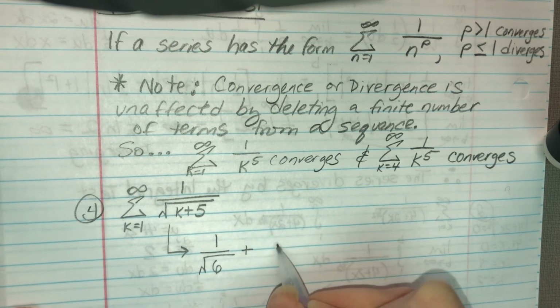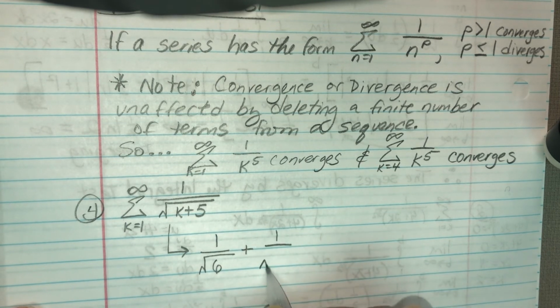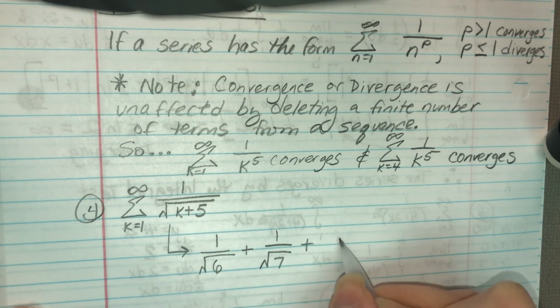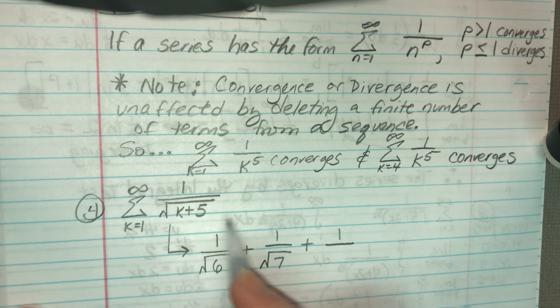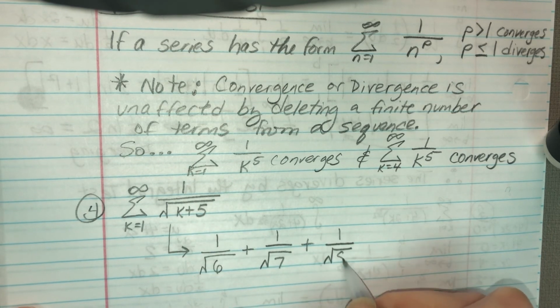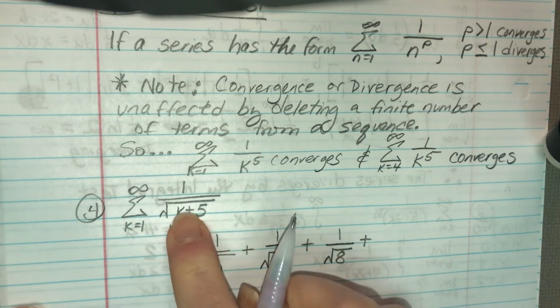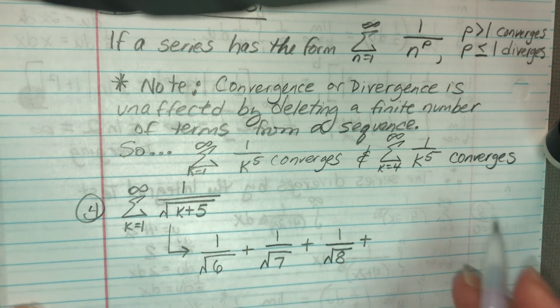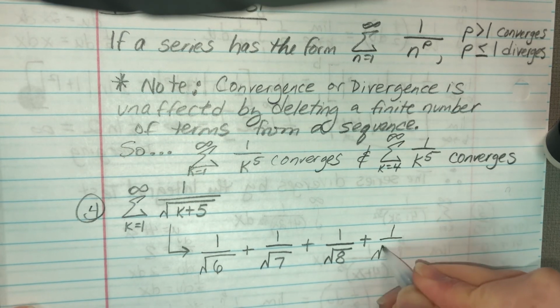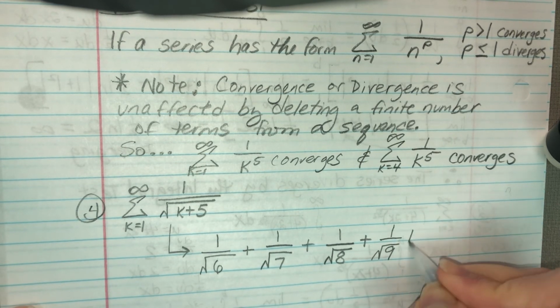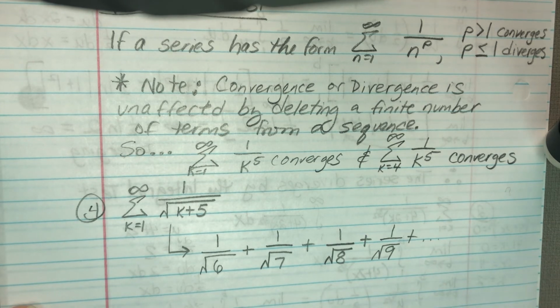And the second term, if I sub in a 2, is going to be the square root of 2 plus 5, which is 7. And if I sub in a 3, it'll be 1 over the square root of 3 plus 5, which will be 1 over the square root of 8. And if I sub in a 4, it'll be 1 over the square root of 4 plus 5, which is 1 over the square root of 9. And it's just going to keep going on and on and on.